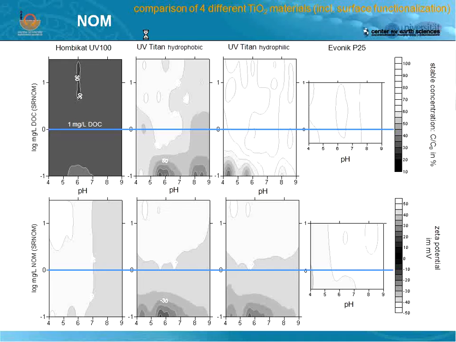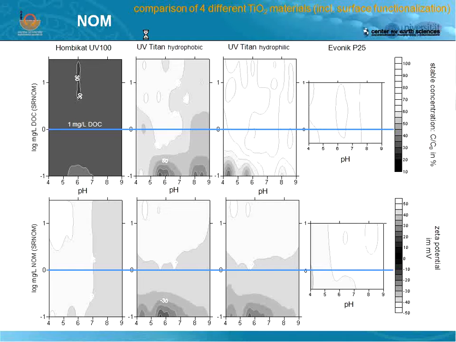These plots here are interaction plots of the particles with NOM. What we see is that all over the place, with the interaction of NOM at concentrations of up to 50 milligrams per liter, we get highly stabilized conditions, highly negative zeta potential, and that is what we would expect.